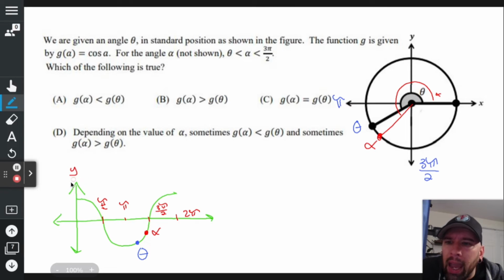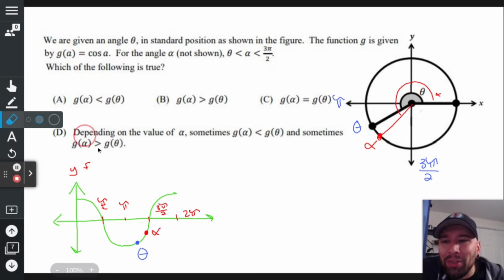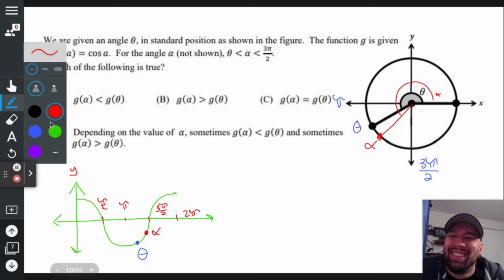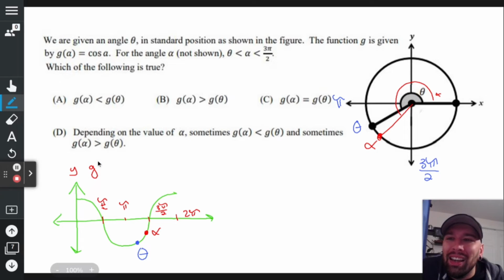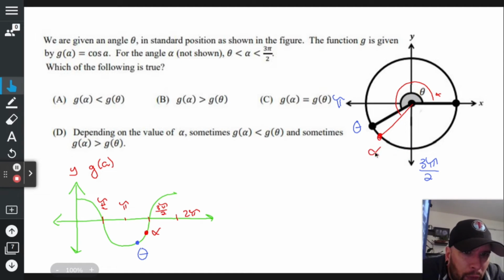Now, this is the y-axis, or in our case, the g of a axis. And it looks to me that no matter where I put alpha, here, here, here, as far as its y value is concerned, it is going to be higher than theta.